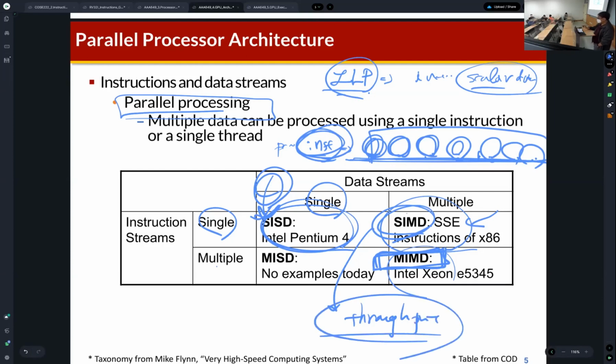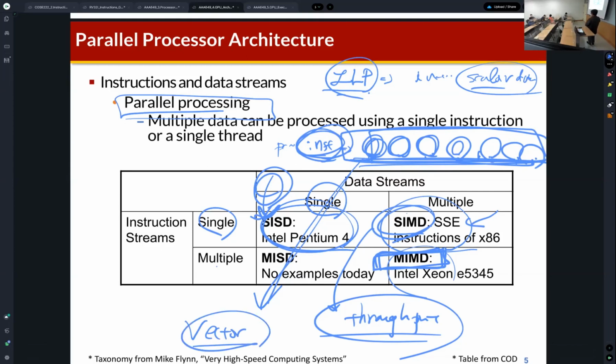Okay. So this data is handled by a single instruction, and this data stream includes multiple elements. We call this type of data vector type data. I think everyone knows about the vector.